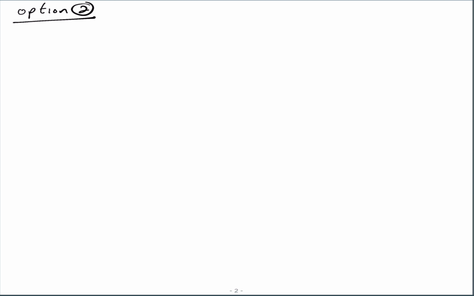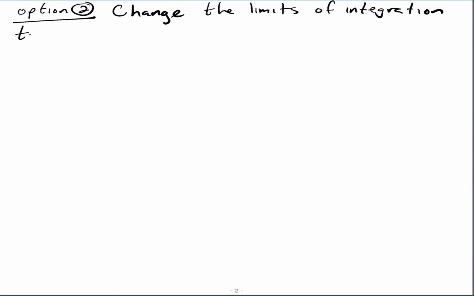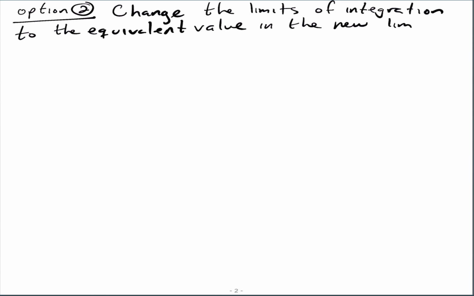Okay, so option 2 is to change the limits of integration to the equivalent value in the new variable, let's say.